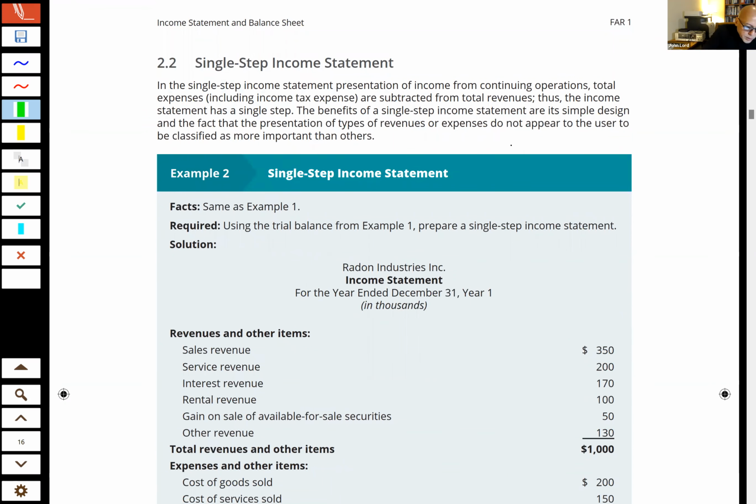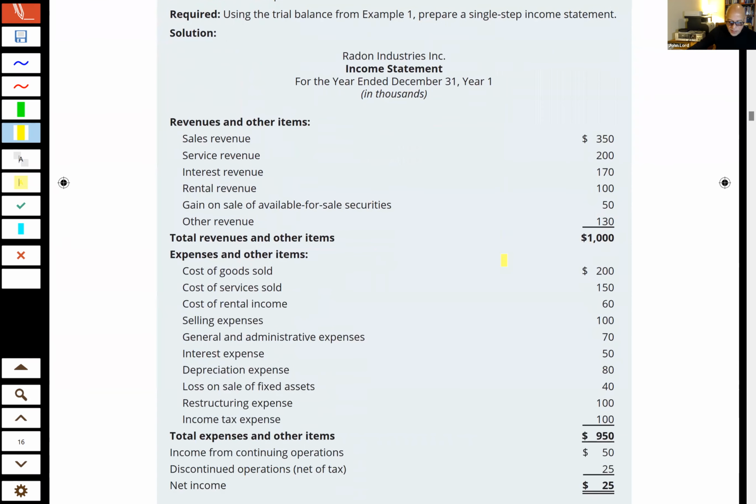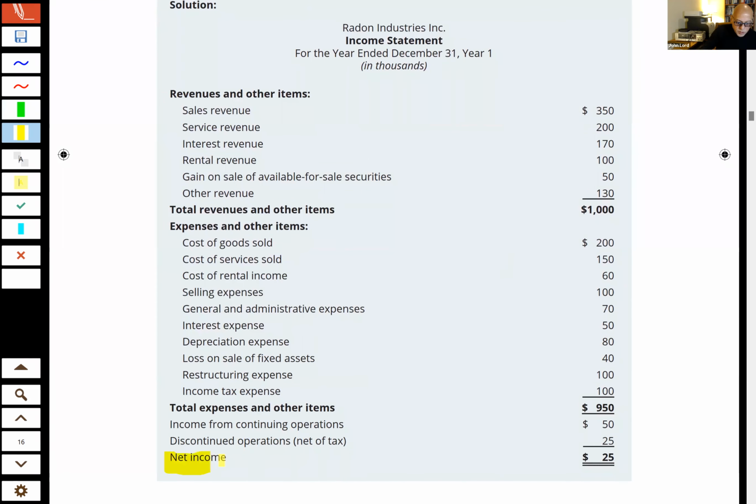Now, I'm going to start with the single step income statement. Notice they tell me here that the net income is $25. What happens in the single step? We take all of the things that increase revenue: my sales revenue, my interest revenue, my gains.